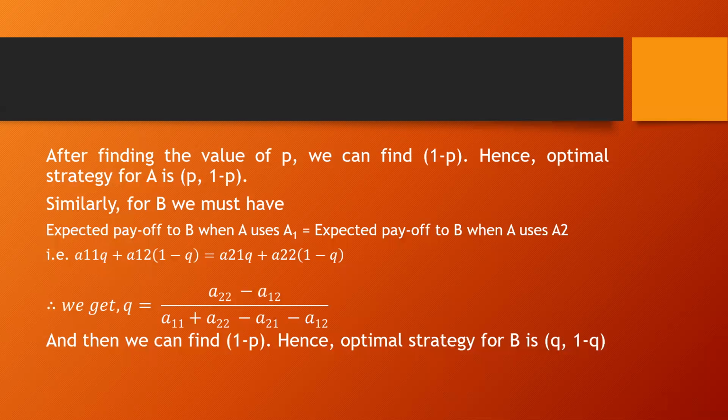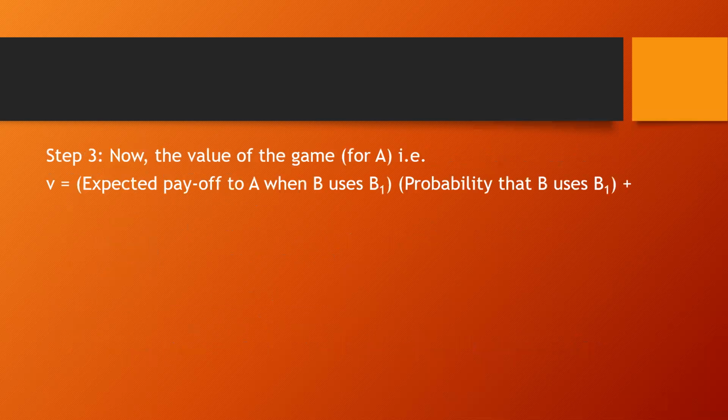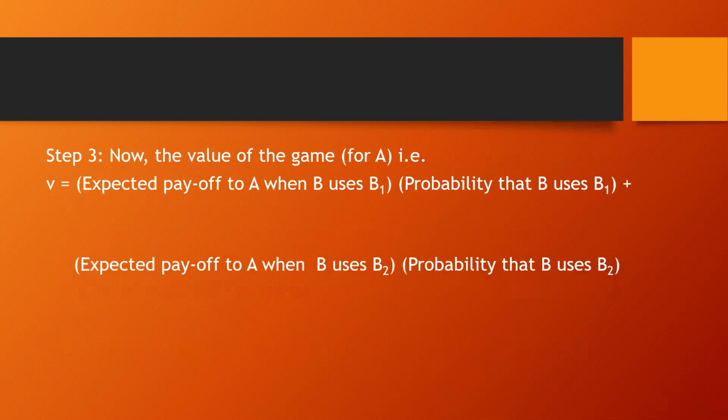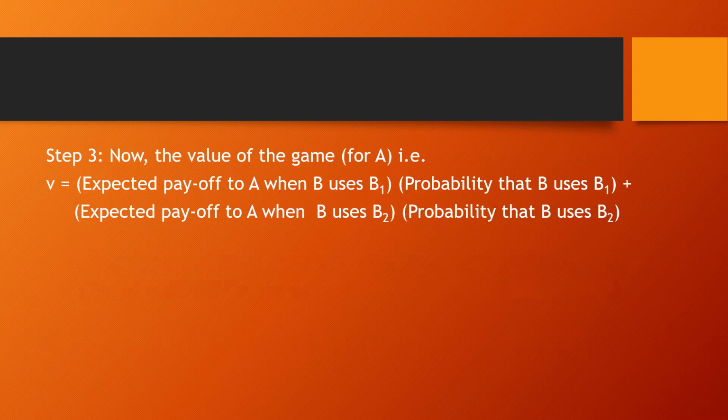Now, how do I find out the value of the game? Once we get the values here, we can find out the value of the game. And the value of the game is equal to the expected payoff to A when B uses B1 multiplied by the probability that B uses B1, plus expected payoff to A when B uses B2 multiplied by the probability that B uses B2.